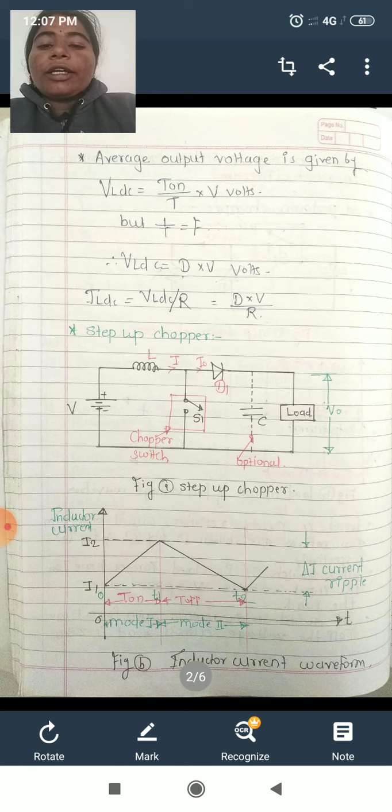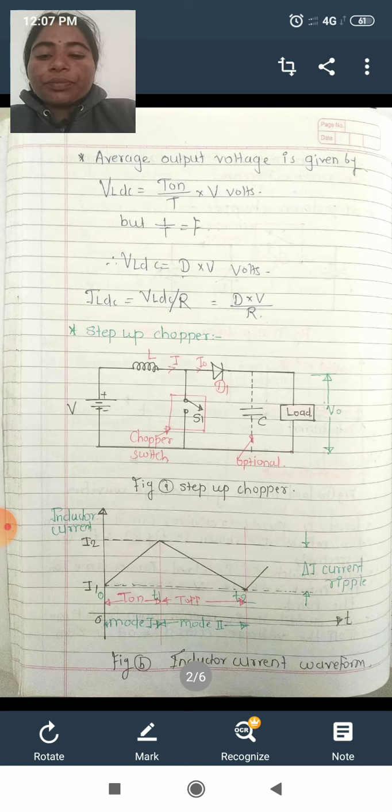Here an inductive load is given and the chopper is connected parallel with the supply. In the previous step down chopper, the chopper switch is connected in series with the supply, and for the step up chopper this is connected in parallel with the supply. Again this diode is connected. After that, see, that is an optional capacitor, and after that the load.